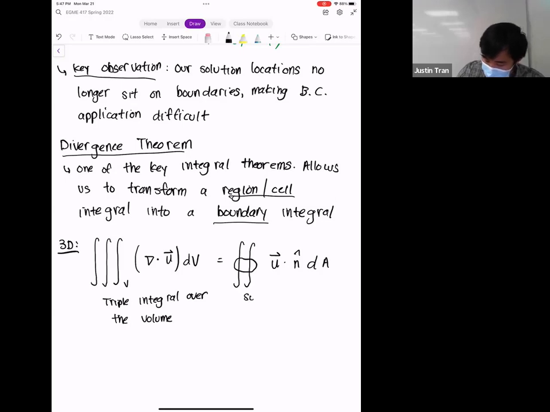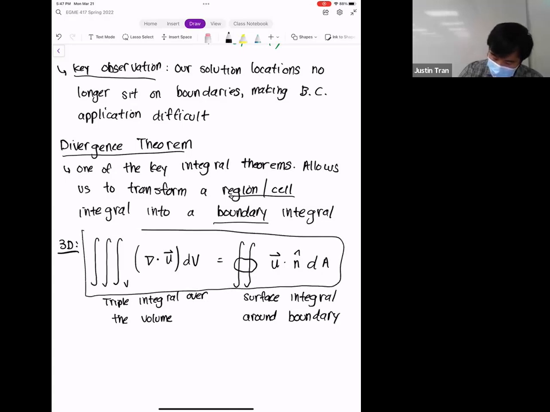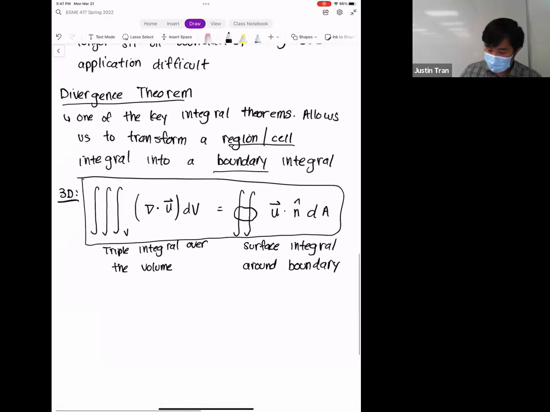Okay. And this here is a surface integral around the boundary.